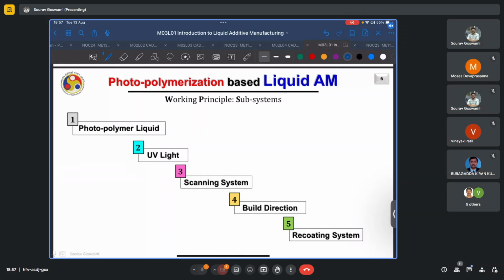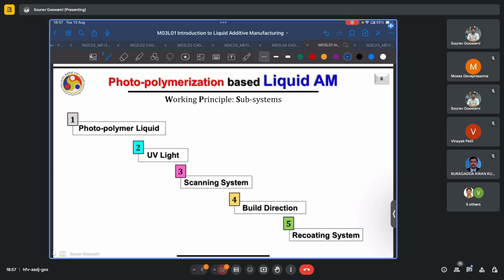Second is the type of illumination, which will be a UV light. So whether it is very well focused and collimated into a small area, something like a laser beam, or whether we are illuminating the entire layer at once using a floodlight or similar mechanism, the type of scanning system, whether the UV light head moves, or whether the stage or vat filled with liquid moves, or whether it is a combination of the two, say 2 degrees of freedom are with the platform, 1 degree of freedom is with the stage, with the deposition head, or so on.